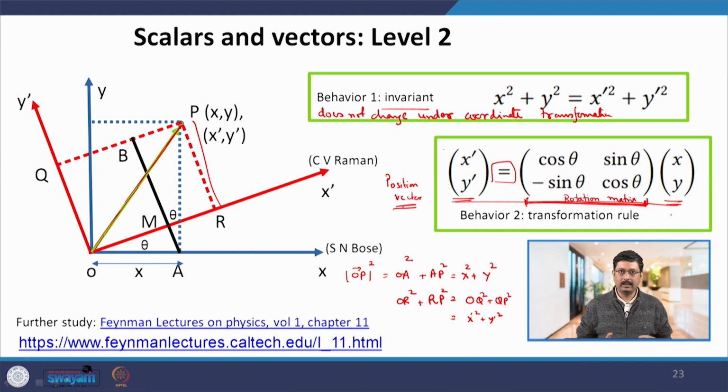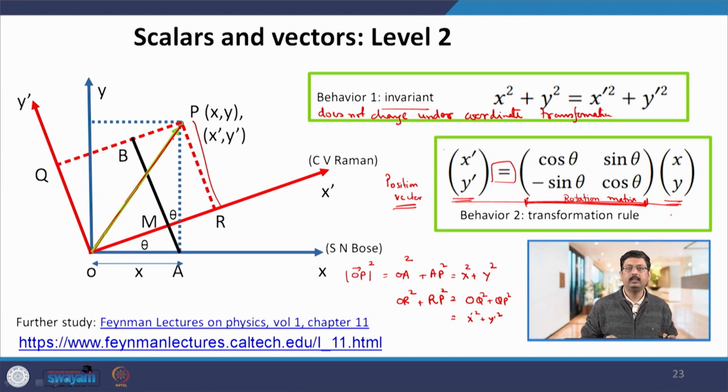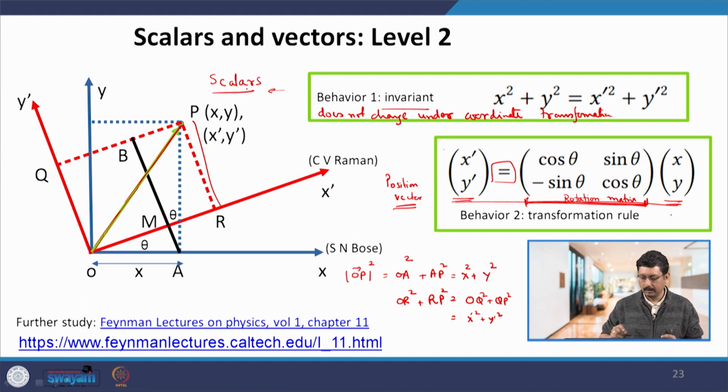So, I will say that there are some quantities which behave like the distance between 2 points, in the sense that if you do a coordinate transformation, those quantities do not change, they remain invariant, and those quantities are scalars.